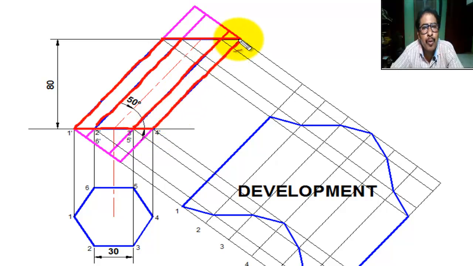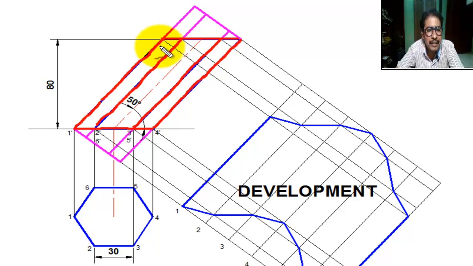Now this is the front view of the oblique hexagonal prism. The two horizontal surfaces are 80 millimeter apart. The axis is at a 50 degree angle with the HP.